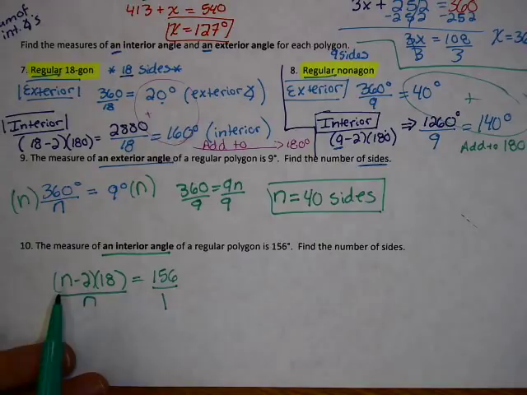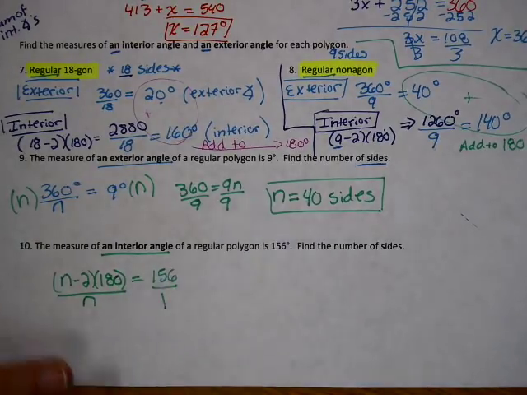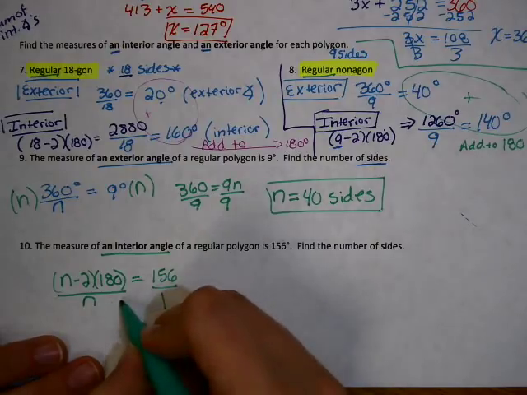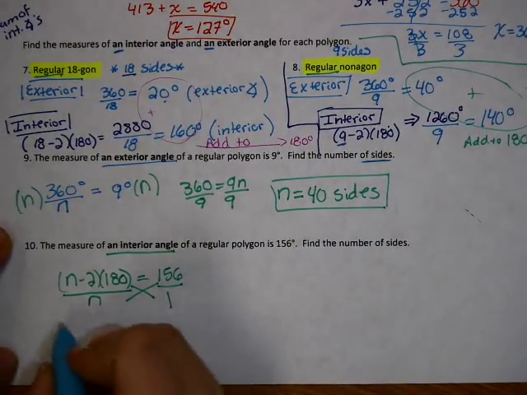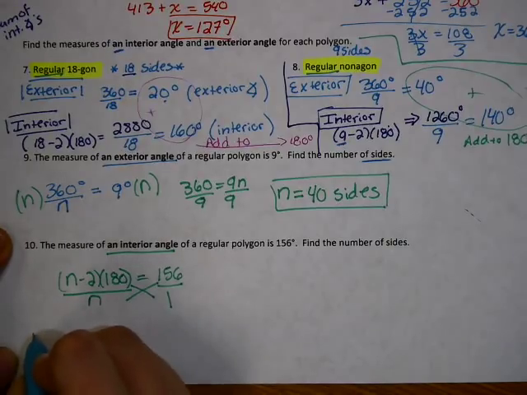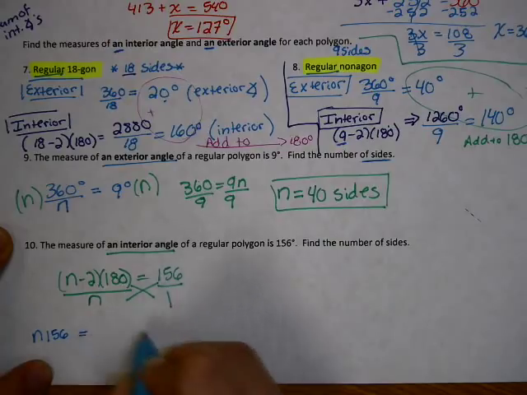Oops, 180, not 18. We can multiply both sides, or you can look at it as cross multiplying. There are two different ways you can look at it. So I have n times 156 is equal to n minus 2 times 180.